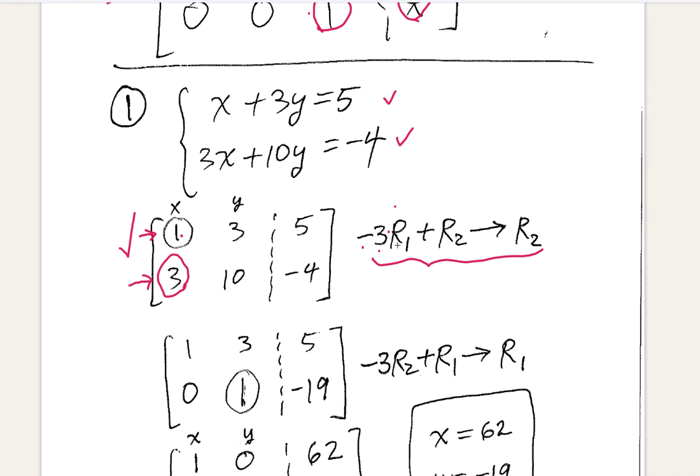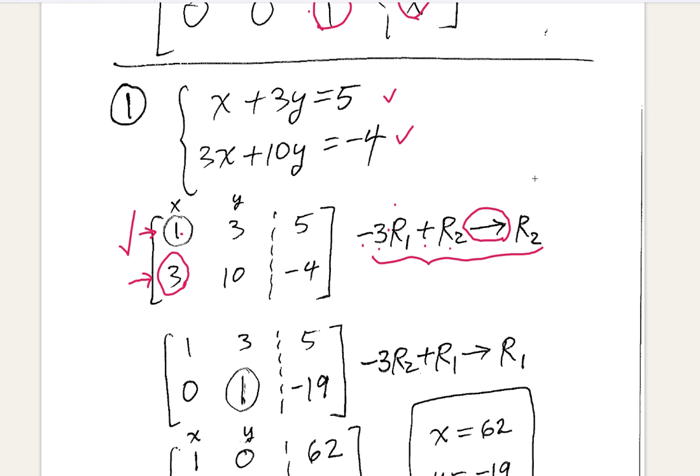So negative 3 R1, that's row 1, and I'm going to add that to row 2, see the subscript row 2, and this arrow means replaces row 2. So I'm not actually changing the first row, I'm changing the second row, but I'm using the first row to change the second.